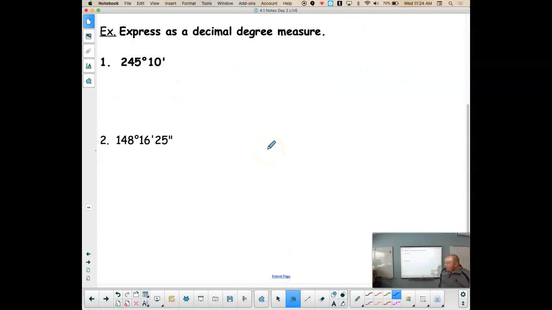So if we are converting to a decimal degree, this number out here, the degree, that's locked in. So we're going to have 245 plus, then this is a 60th of a degree, so that's going to be 10 60ths of that degree.